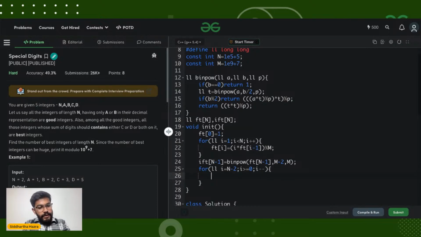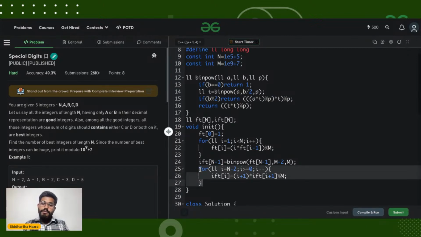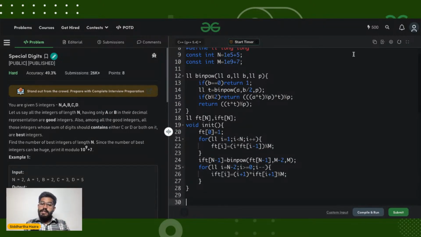And here we would write the same thing: IFT of i is equal to (i plus 1) multiplied by IFT of i plus 1, modulo the value m. We are again building it; only this value is enough to have the bin power for the rest of the values. Now we would write the NCR function.